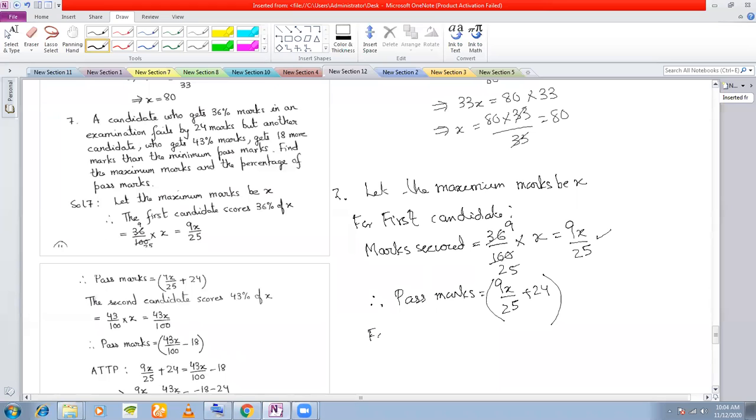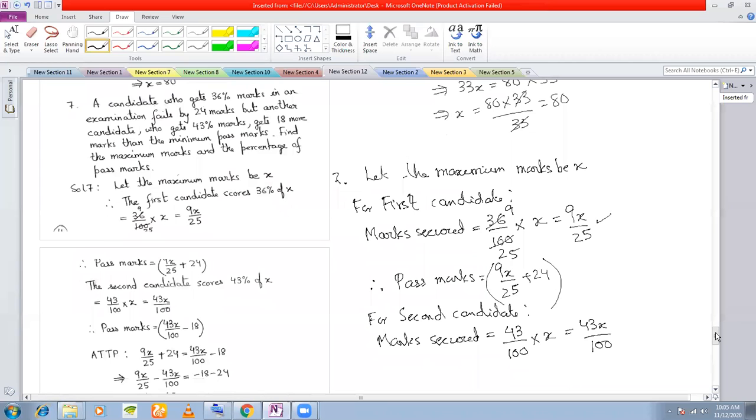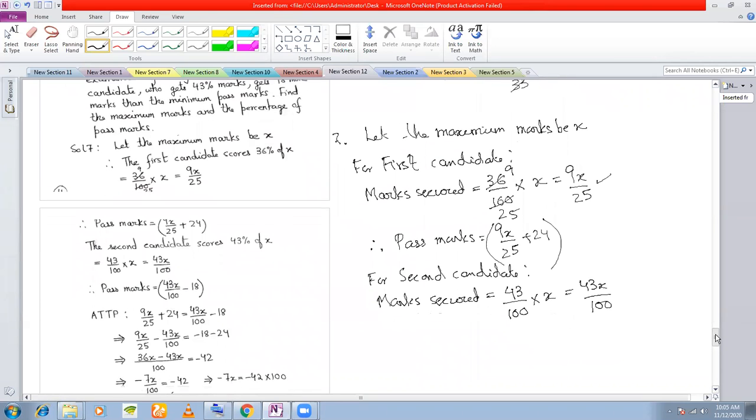Now we come to the second candidate. For the second candidate, marks secured: 43% of the total marks. He secured this much. So he has got 43x by 100. And what happens? He gets 18 more than the pass mark.